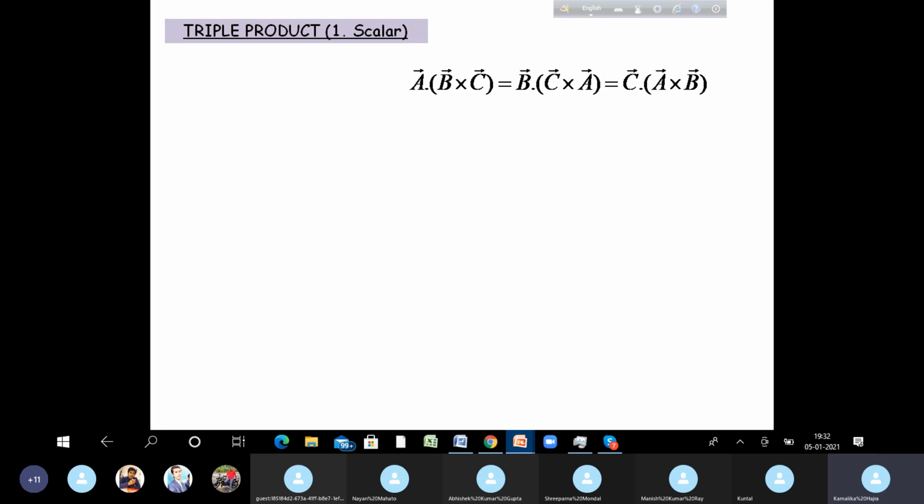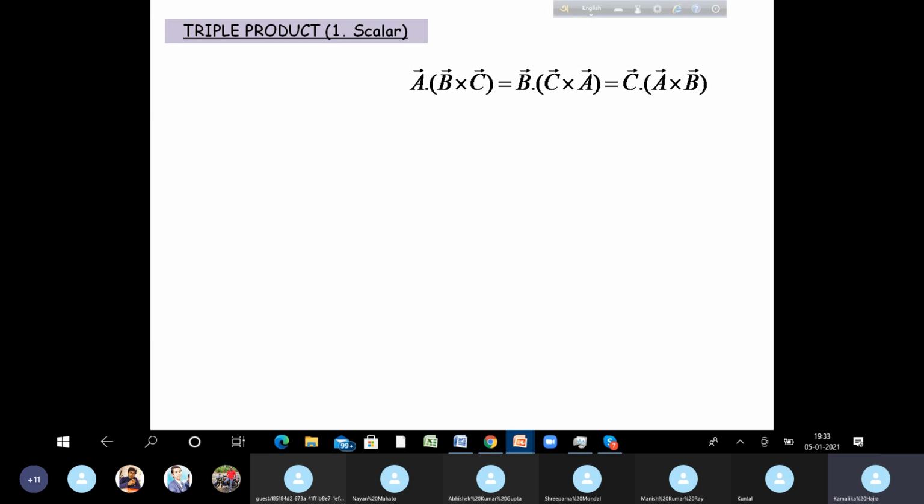Next, we will do triple product. In dot product and cross product, we multiplied only two vectors, A and B, giving either a scalar or a vector. The third kind of product is the triple product. Now, the triple product can be of two kinds.